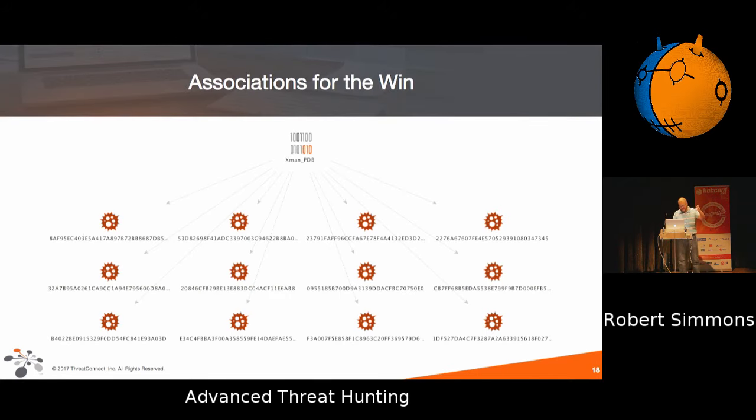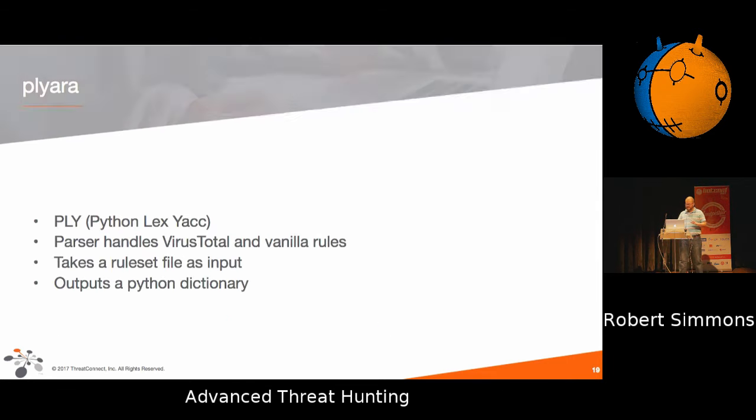So, one of the things you get from this is, you can get associations from a particular signature out to different files that have been caught by this particular signature. This is a pretty recent one. It's a Xman PDB, and these are some files that we actually caught with it. We'll have a little bit more detail in a moment.